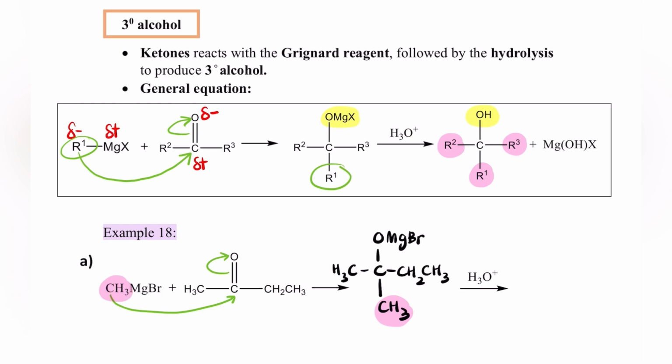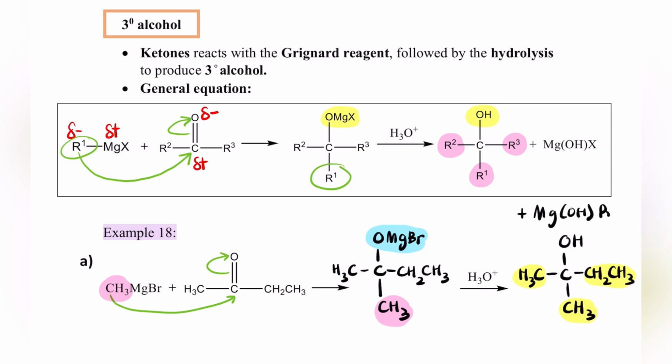And then seterusnya kita akan hydrolyze OMgBr kepada OH. So you got your tertiary alcohol with 3 alkyl groups attached to the carbon with hydroxyl group. Dan jangan lupa awak punya side product, which is plus MgOHBr. So settle for A.